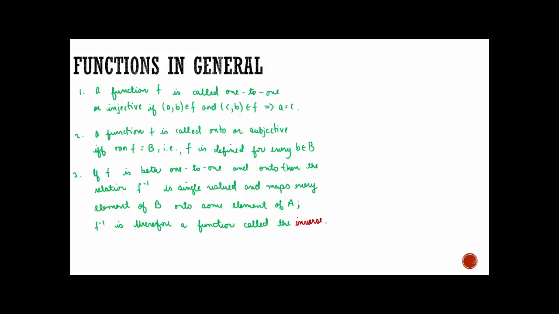A function f is called onto or surjective if the range of f is equal to B, which means that we have a value that maps from the domain to the range for every single value. If f is both one-to-one and onto, then the relation f inverse is single valued and maps every element of B onto some element of A. Then we call that f inverse the inverse function.